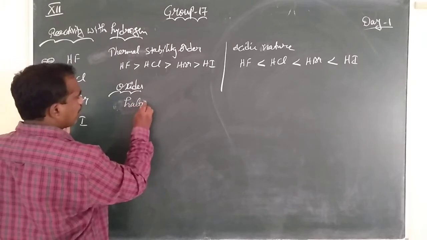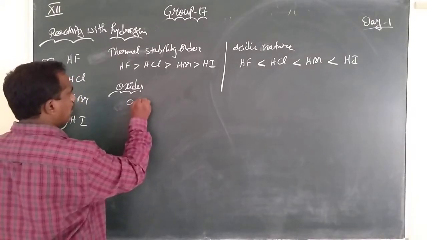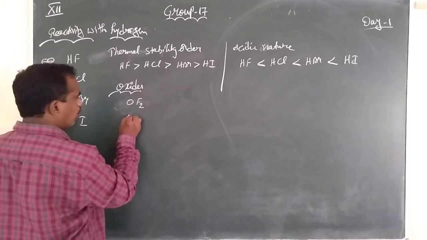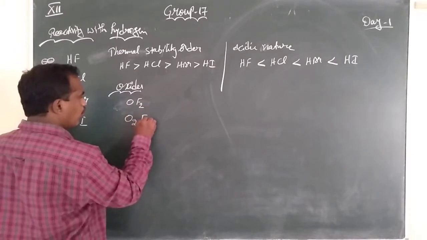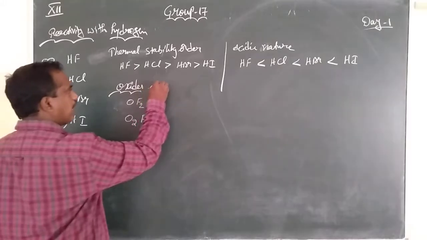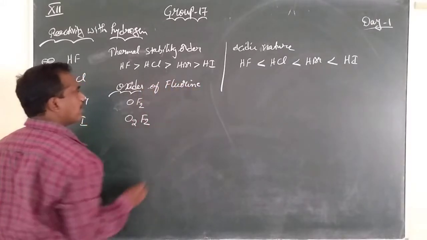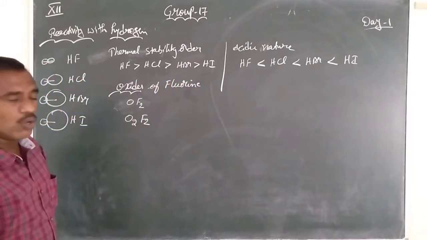Simply, you can start with fluorine. Fluorine can form two types of oxides, OF2 and O2F2.